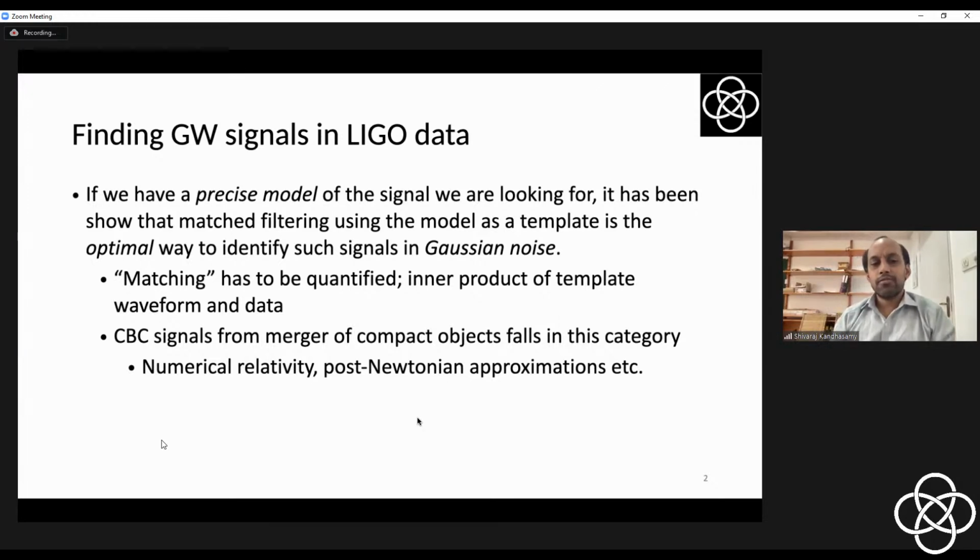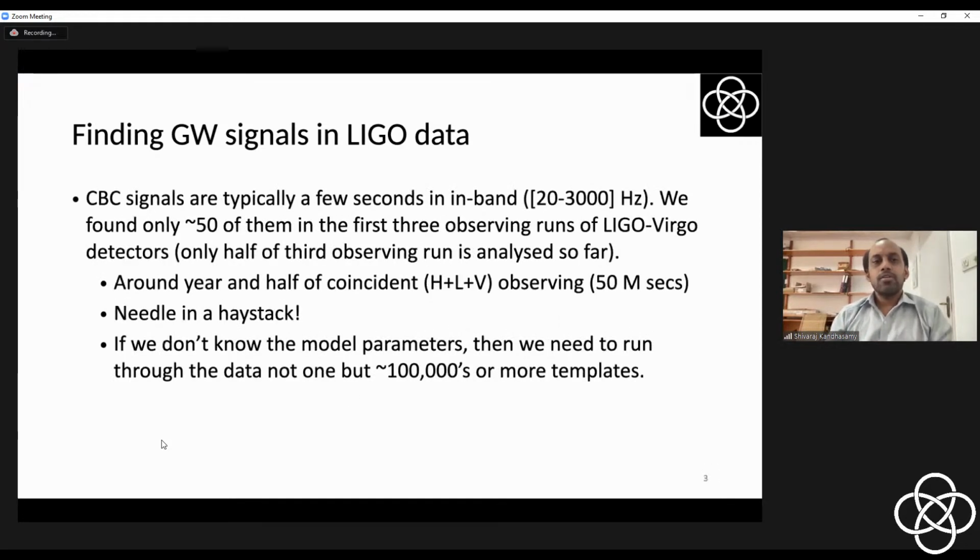The merger signals from compact objects fall in this category because we are able to model these CBC signals very well, either using numerical relativity or post-Newtonian approximations, which are part of general relativity. All the signals LIGO has detected so far fall in this CBC category: mergers of binary black holes, binary neutron stars, or neutron star black holes.